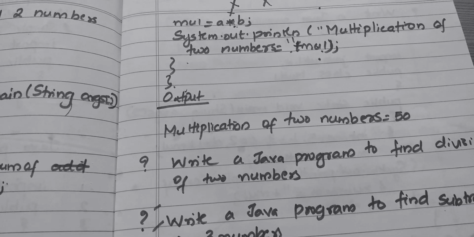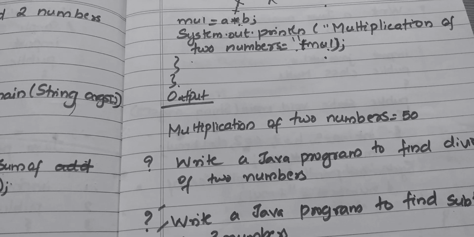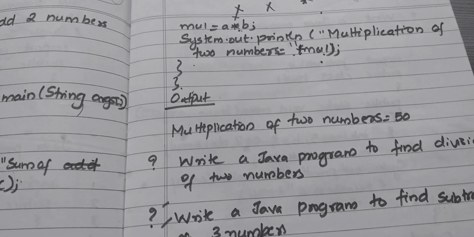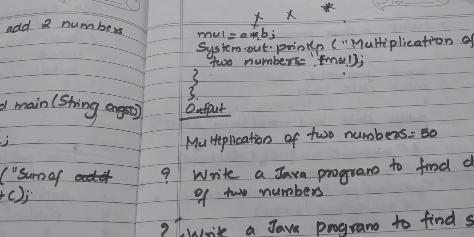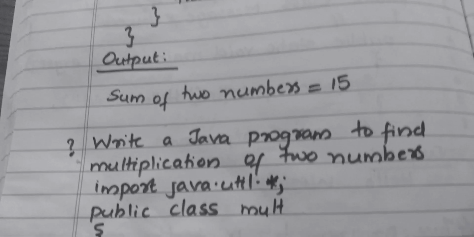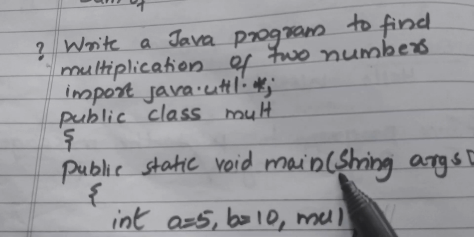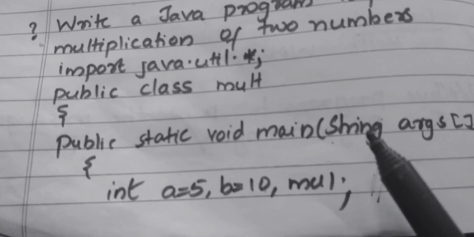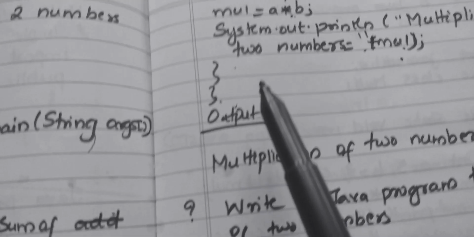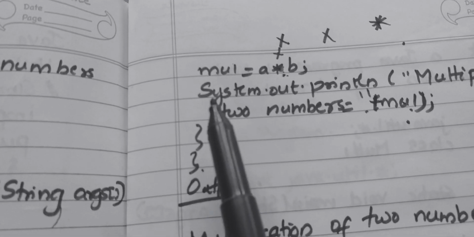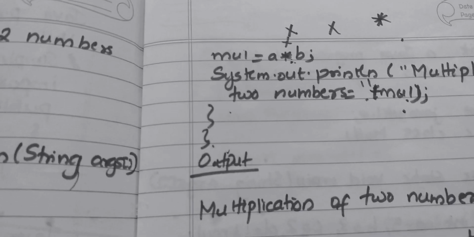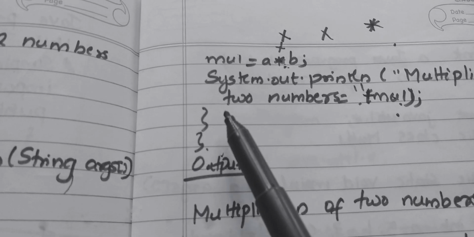So keep in mind what are the things to be followed. Wherever you should use capital letters, use capital letters over there. So in this program where capital letters come, here in this line, S should be in capital letter. Okay. And also for System, the word System, first S should be in capital, remaining are small letters. Then close it, close it.